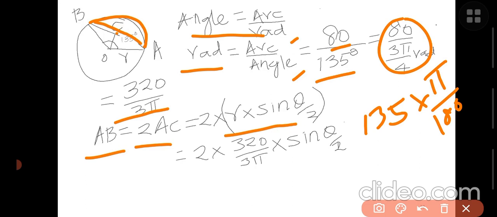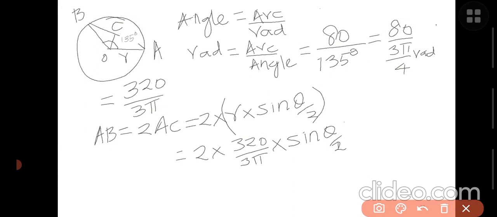I will explain this one. AC is R times sine theta by 2. Substituting the values, 2 times 320 by 3 pi, that is the value of R, and sine theta by 2.